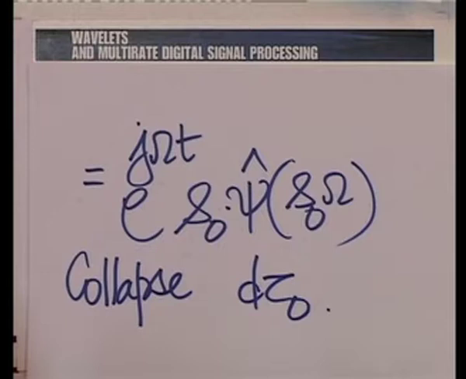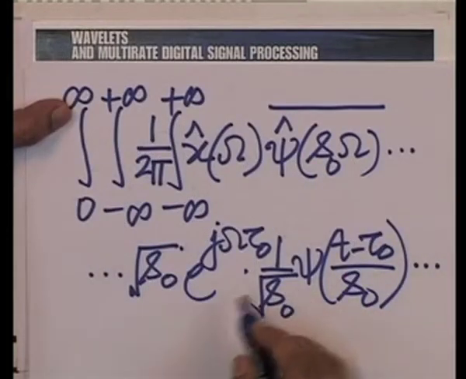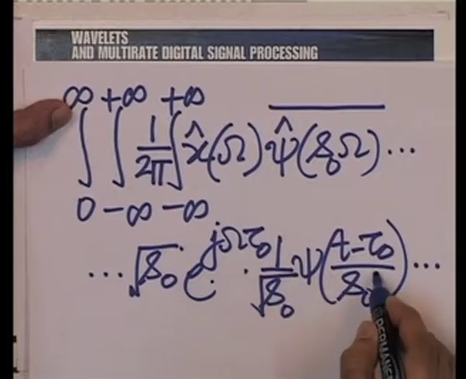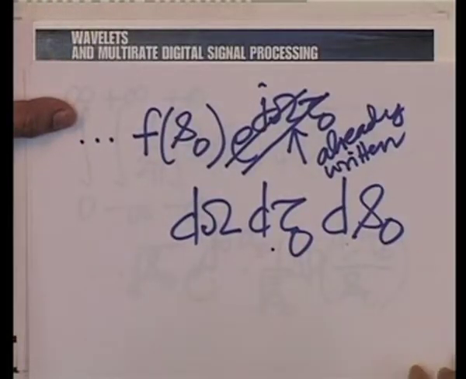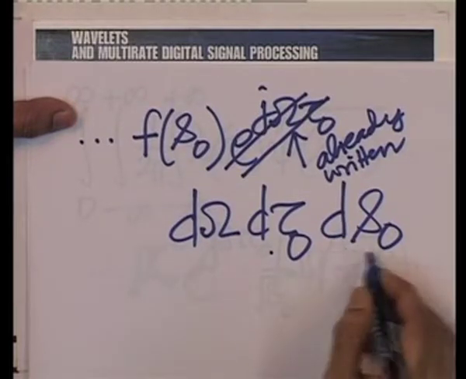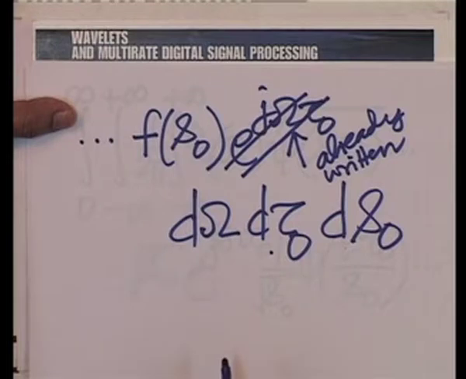I agree that this is a little bit of work, but it is not so difficult after all. So, what I am saying is this has all now been collapsed, this and the d tau naught part here. What is now left is the d S naught part and the d omega part.